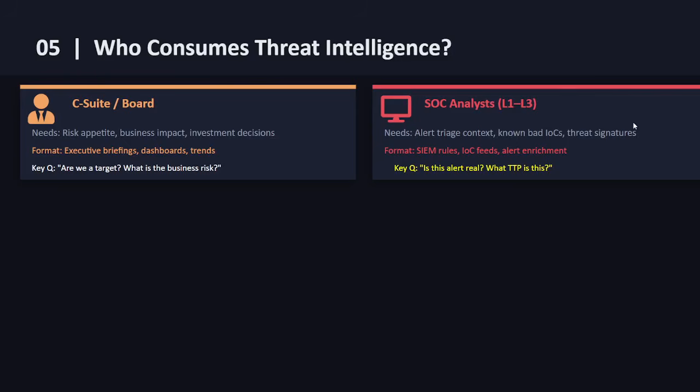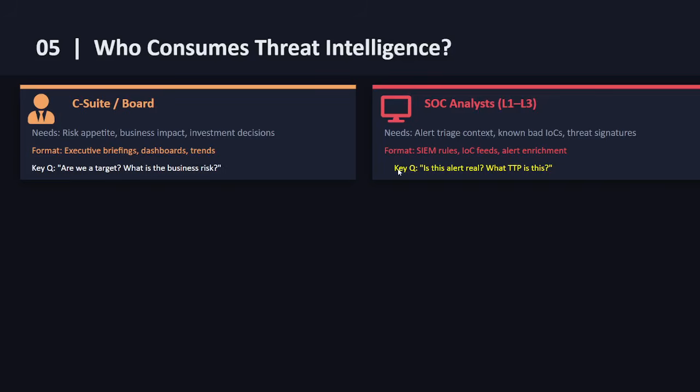Then threat signatures, which you will check from the SIEM rules. Then you will feed the indicators of compromise and make an alert enrichment here.